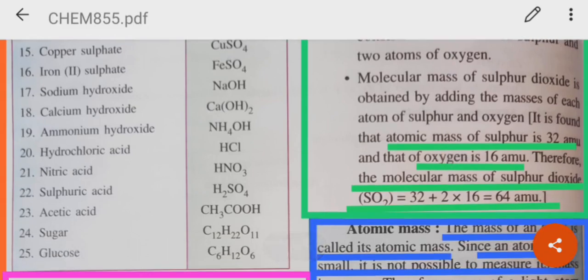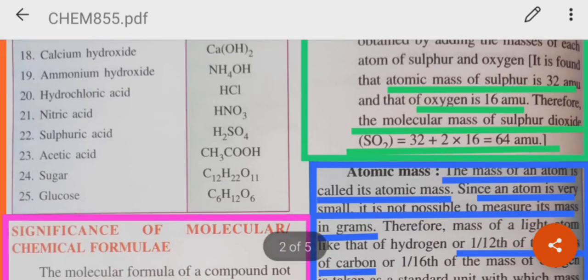And the molecular mass of sulfur dioxide can be obtained by adding the masses of each atom of sulfur and oxygen. So, what is the atomic mass of sulfur? 32 atomic mass unit, and oxygen 16 atomic mass unit.